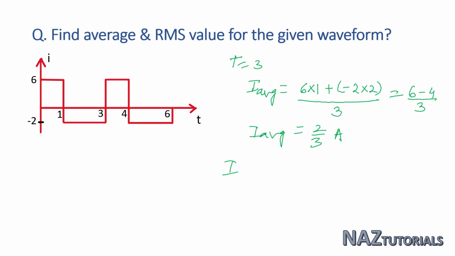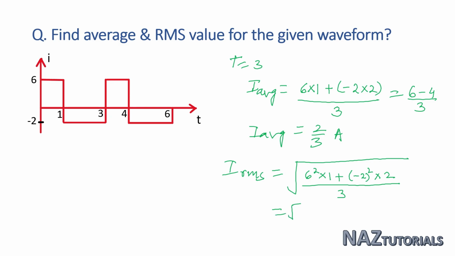Now calculate the RMS value. The RMS value is the square root of the area of I square divided by total time T. For the first part, the area of I square is 6 square into 1, plus for the second part it is -2 square into 2, divided by total time period of 3 seconds.